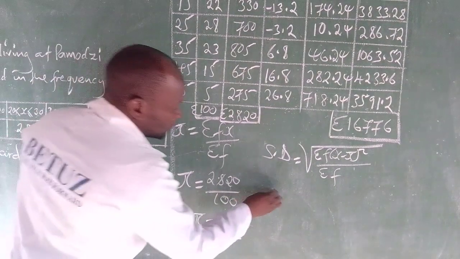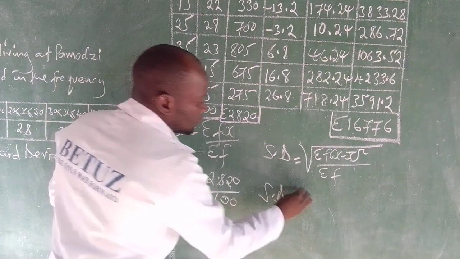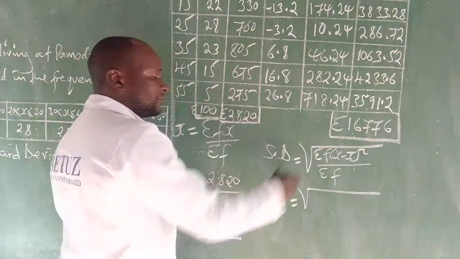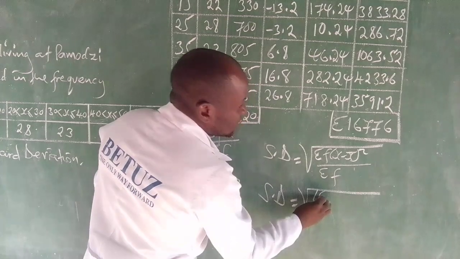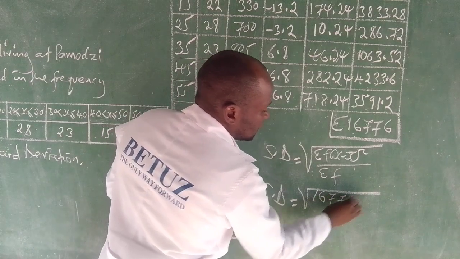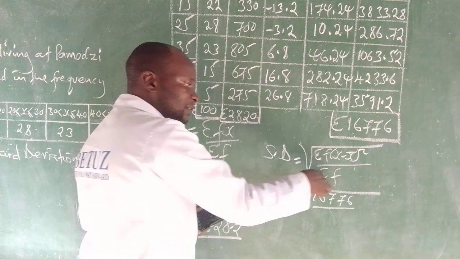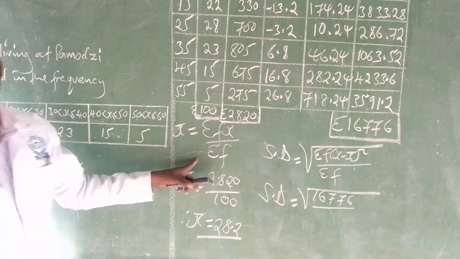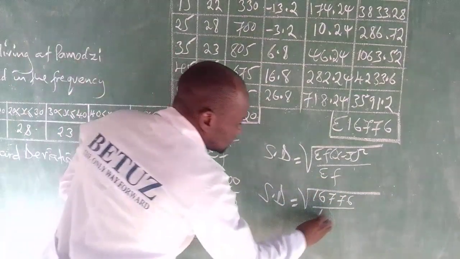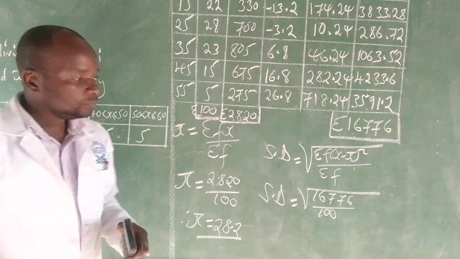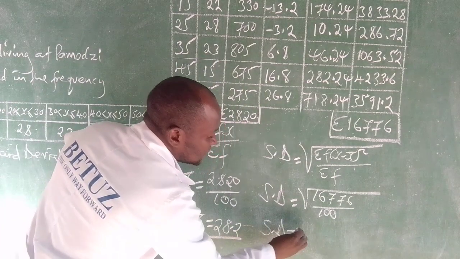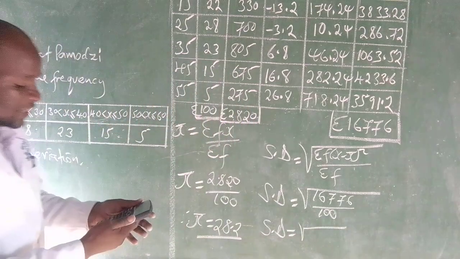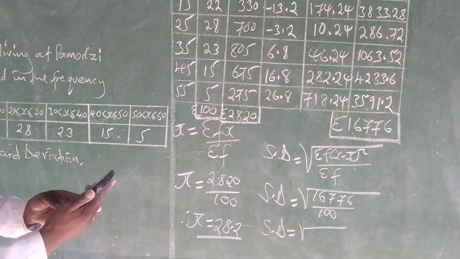At this level, SD is equal to the square root of the summation we found here, which is 16,776, divided by the summation of f, the same one we used under the mean, which is 100. Therefore, the SD is equal to that figure divided by 100.